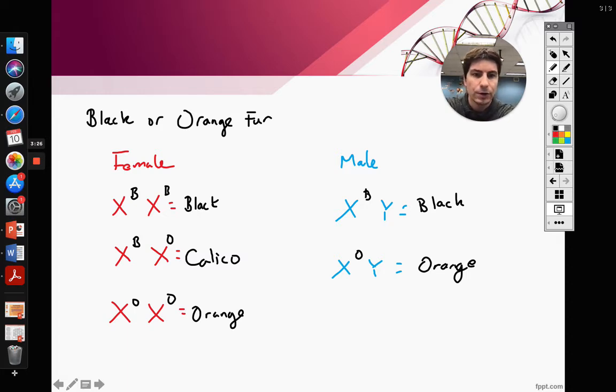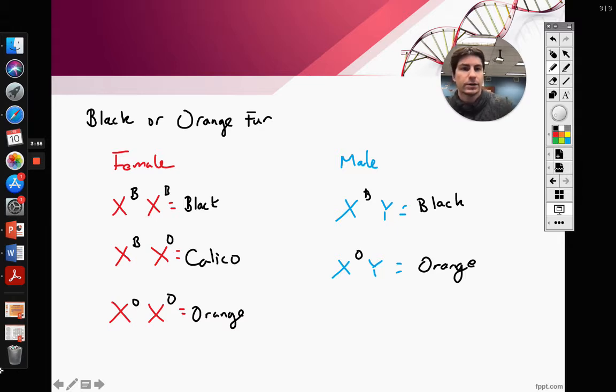There are no calico cats without a genetic condition out there. If you see a male calico cat, something happened where it has an extra chromosome. It's going to have one extra because it's going to be XXY. All right? So that's the only exception. But normal cats with a normal amount of chromosomes, if they are calico, 100% chance they're going to be female.